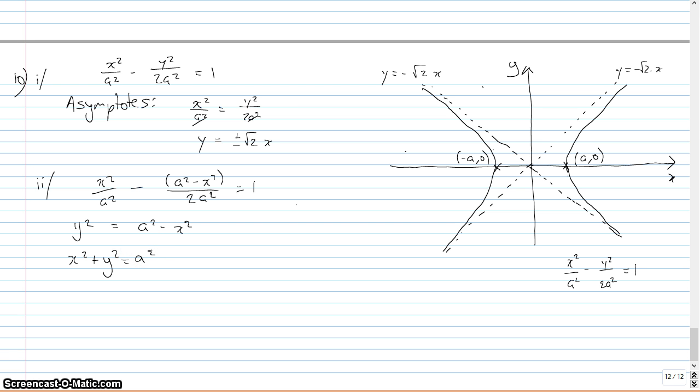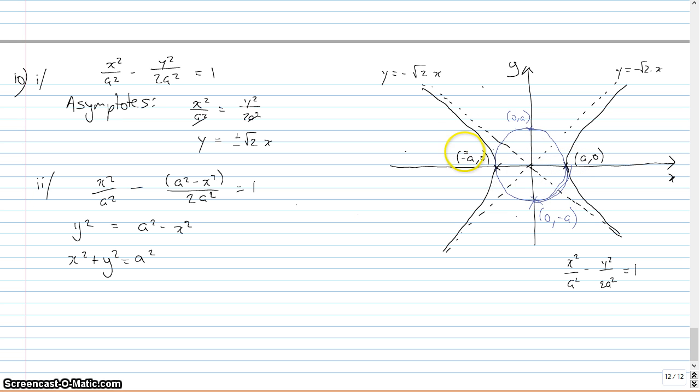So the second suitable curve I'm going to draw is going to look like this. So this is the point 0, a up here. Definitely, oh yikes, that's not so nice. It's definitely going to pass through this point, a, 0. Going to go down and hit 0, minus a as well.